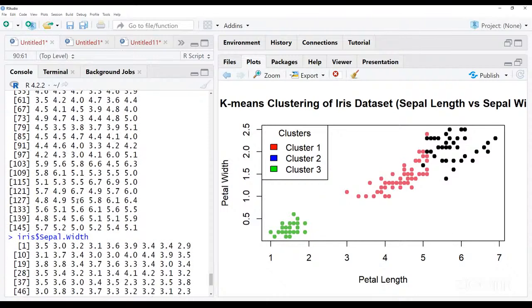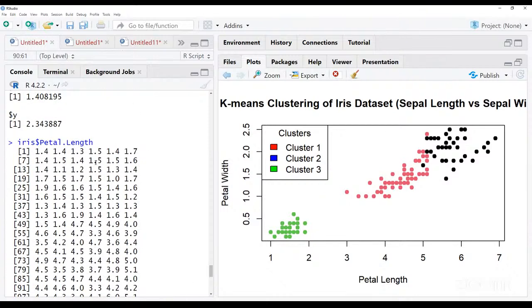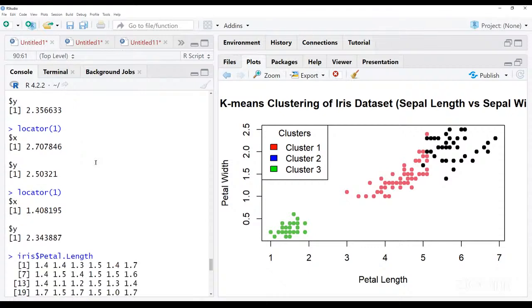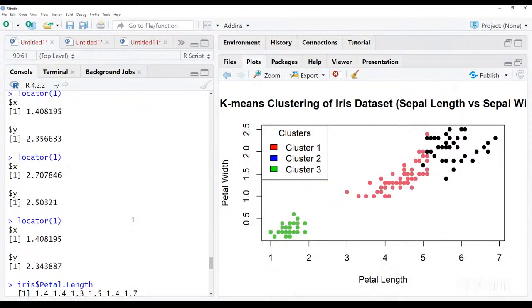But these are the 3 clusters. And if you want to find out the specific data, that can be done by some other analysis. Sir, I'm getting that Fisher data, something like that. No, it is not the regression data.